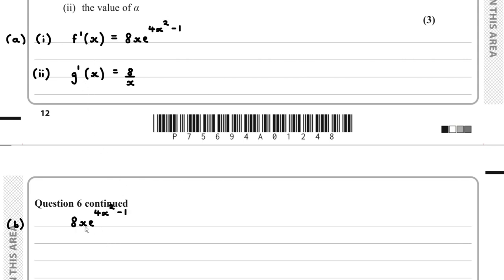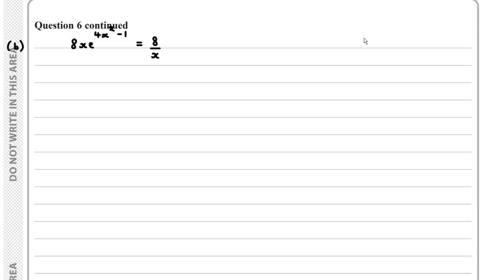So we have 8x multiplied by e to the 4x squared subtract 1 equaling 8 over x. Now, if I divide through by 8x, we end up with e to the 4x squared subtract 1 equaling 1 over x squared.